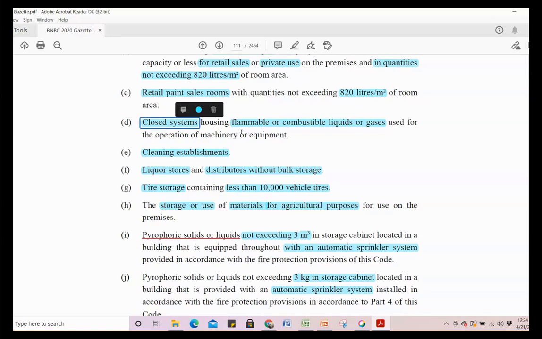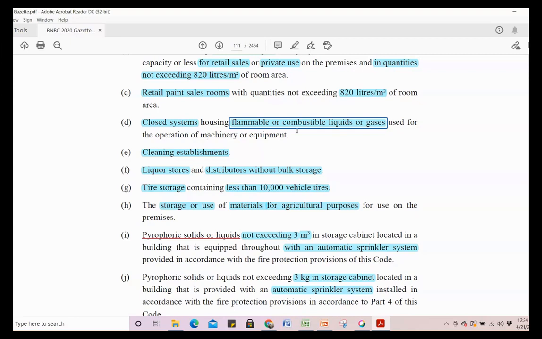Closed systems housing flammable and combustible liquids or gases used for the operation of machinery or equipment. The closed system is basically a system that prevents or allows the combustible situation with the assistance of oxygen only within a closed environment, a closed container.